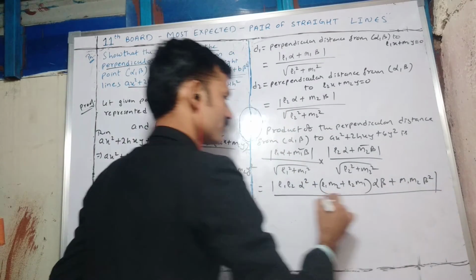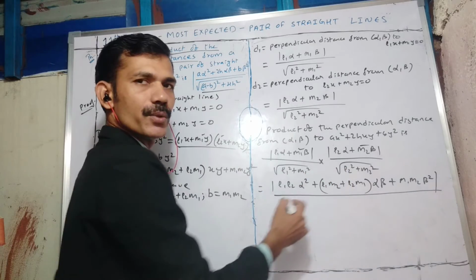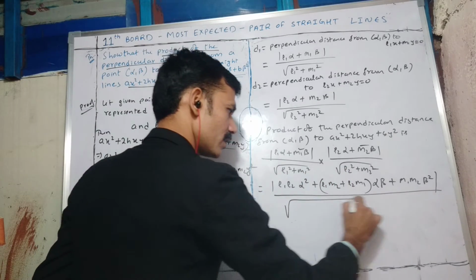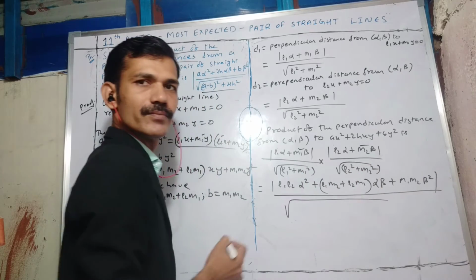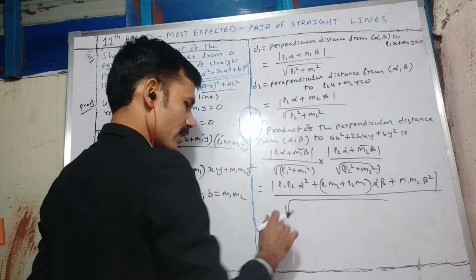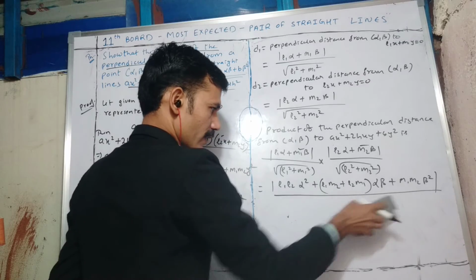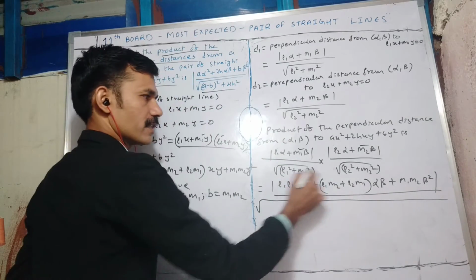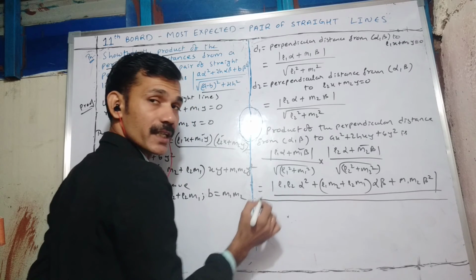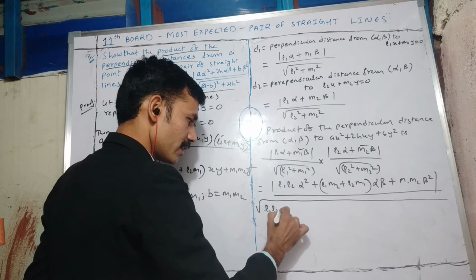Numerator it is easy. Now denominator, root a into root b, we can write root a into b. That means we have to multiply these two. Okay, then what we are going to get, we'll see. Under root of, first if I multiply L1 square L2 square, that I can write L1 L2 whole square.